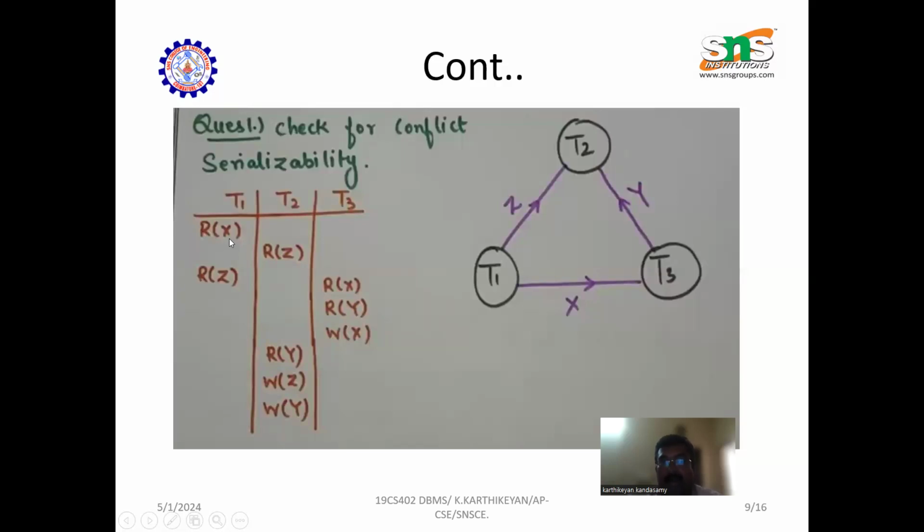Here read is available, and here read and write are available. First the read process can be done, and after that you can calculate the value. If a cyclic form is there, there is a conflict; if a cyclic form can start, that is a problem for your conflict serializability.